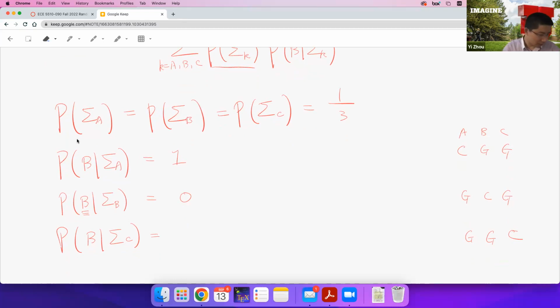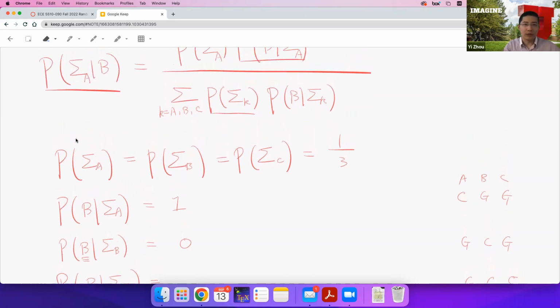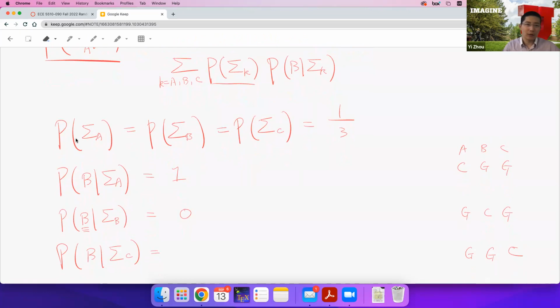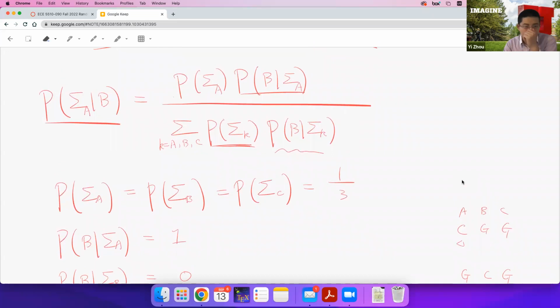I think this is correct. And then we're looking at, if the car is in A, yes.